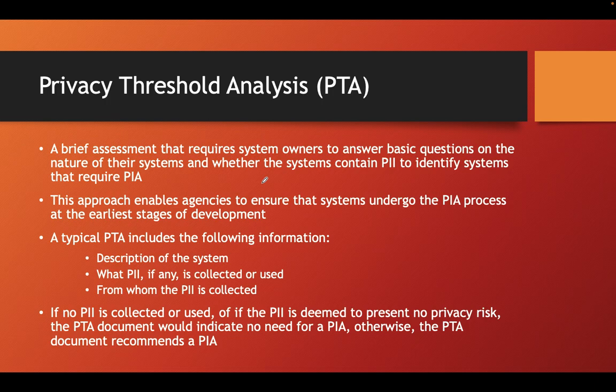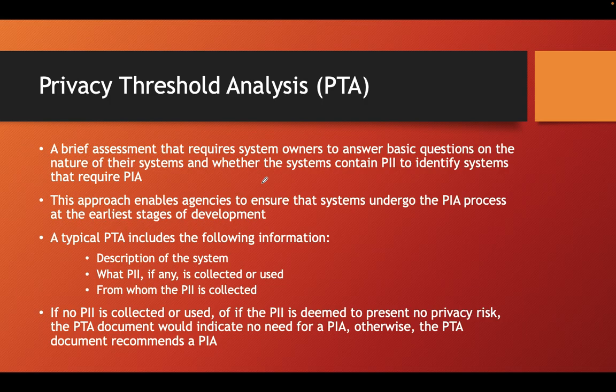So we have to look at your PII in order to ascertain which systems require privacy impact assessment. This approach also enables agencies to ensure that the system undergoes the privacy impact assessment process at the earliest stages of development.